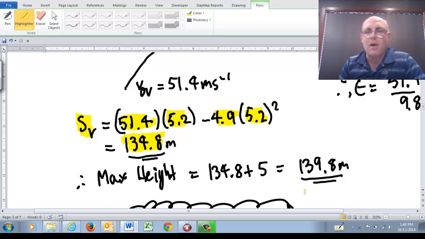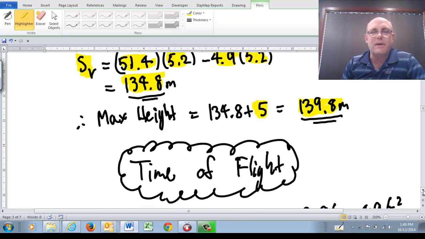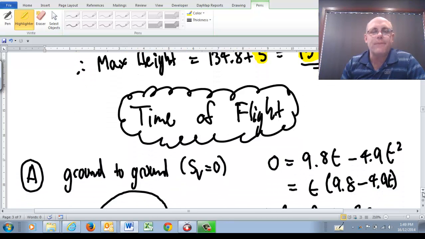Remembering my maximum height, I have to add on my 5 meters where it starts from, and that's going to give me my final height of 139.8 meters high.